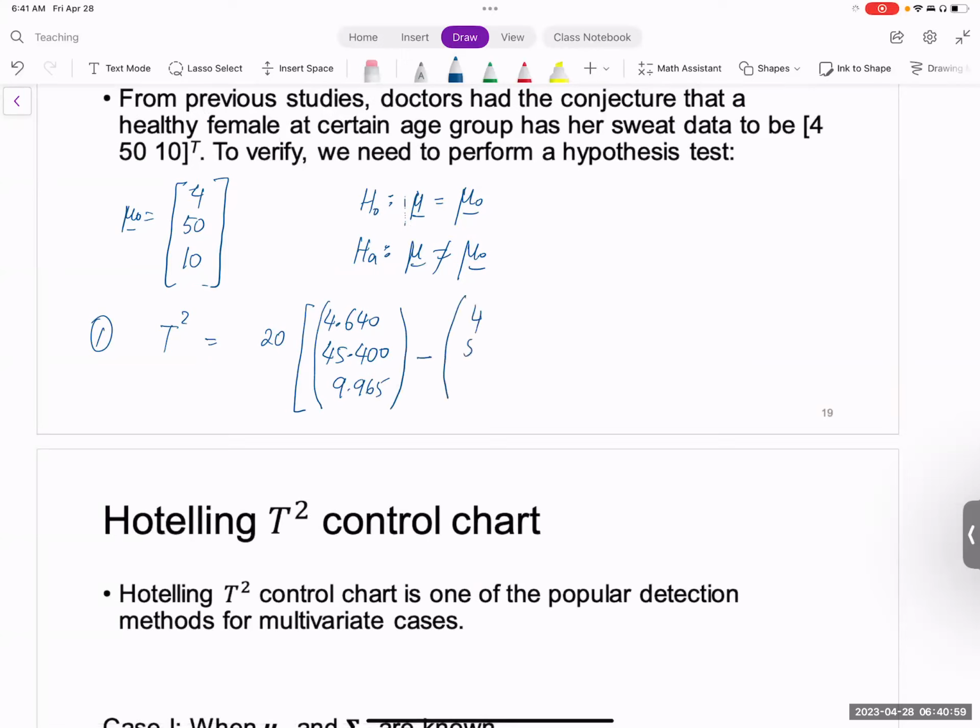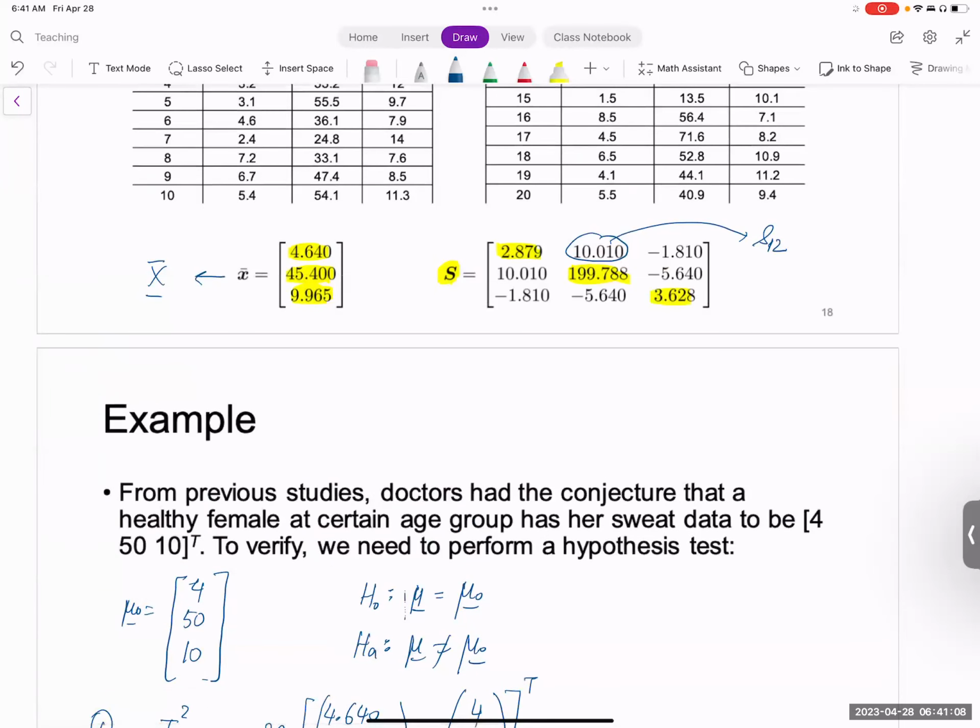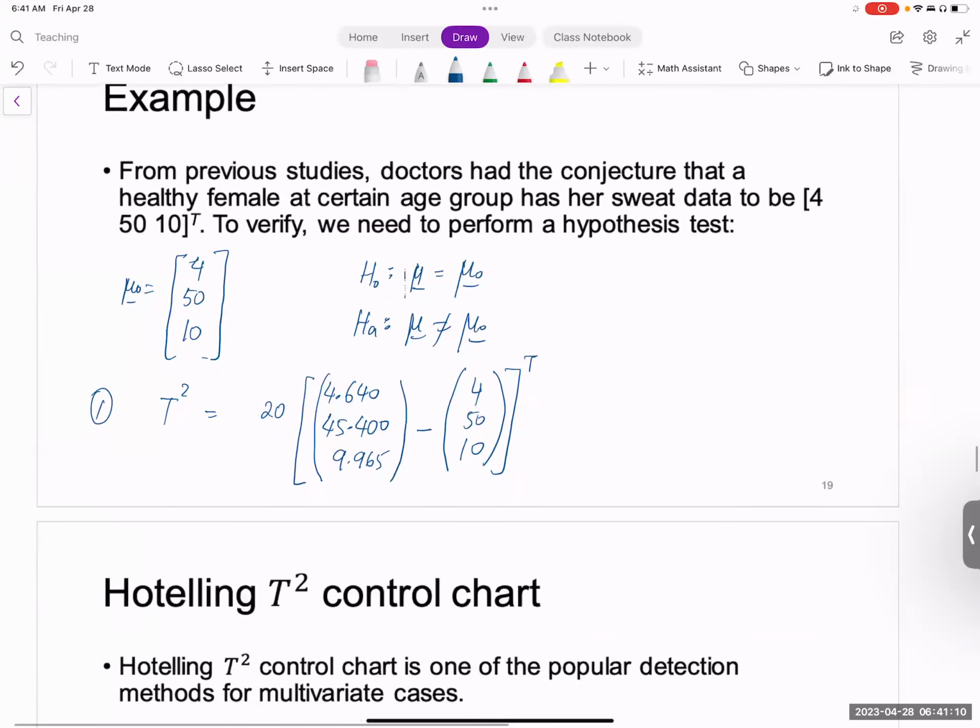Mu 0 is 450 and 10. Take the transpose of this, and then you need to take the inverse of the S matrix. I've already taken the inverse of the S matrix, so I'm going to just give you that. Please do verify.